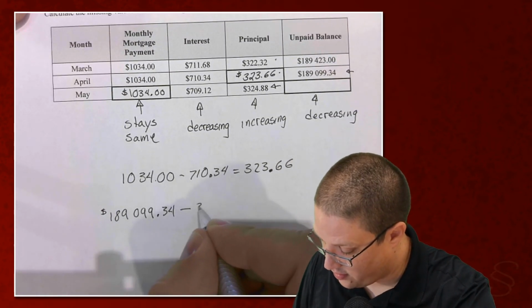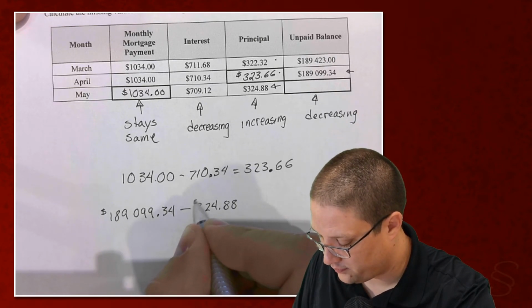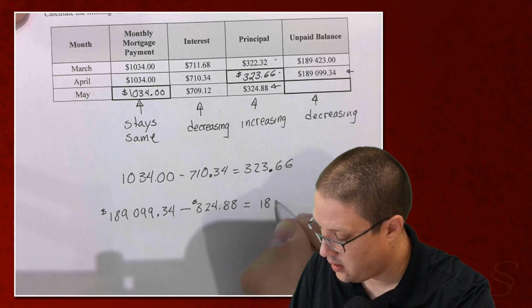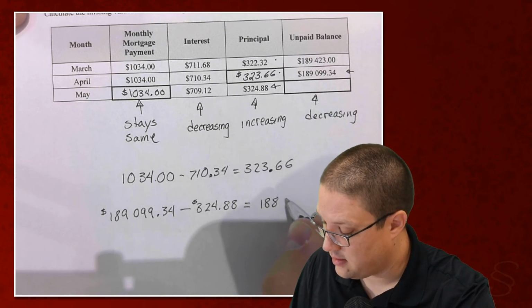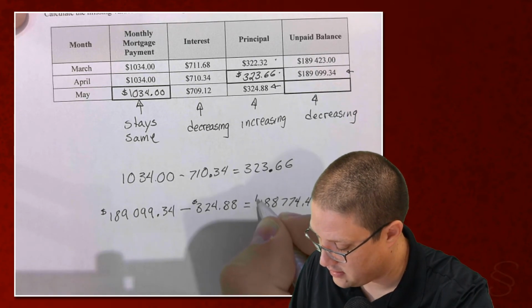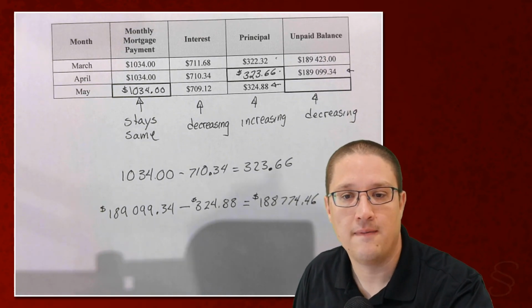So that is $324.88. And that works out to $188,774.46. Make sure that you're doing that correctly on your calculator.